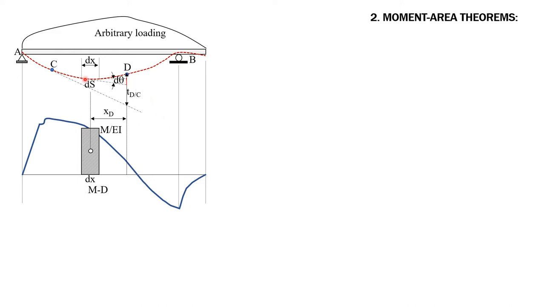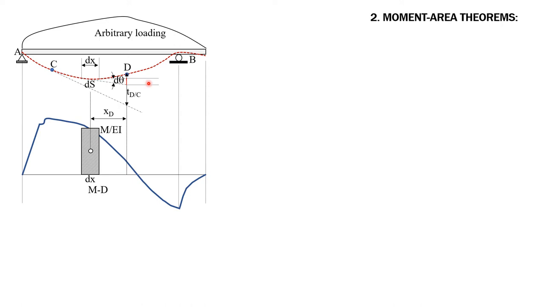As I said earlier, it doesn't matter if the tangent starts at the left of dx, at the right of dx, or at the center of dx. They are practically the same because dx is very small.